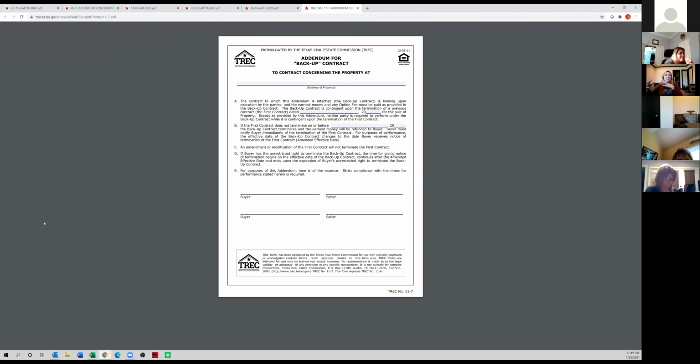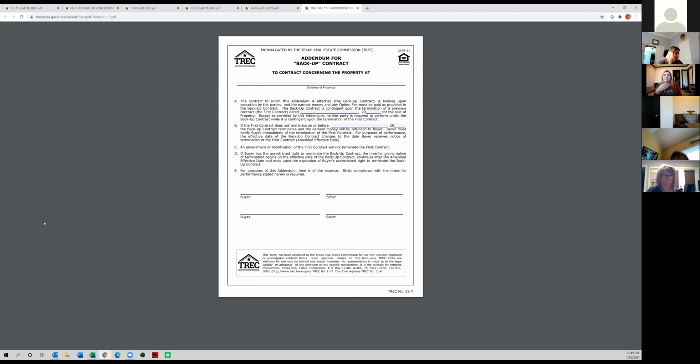So if you do a backup that is accepted, everybody agrees to it, and we're in official backup position, then you've got to deposit the earnest money and the option fee. A lot of times we may lower those amounts because that would be potentially burdensome on the buyer that may never go into first position to have lost that option fee. Yes, they can get the earnest money refunded, but the option fee does not get refunded even if they never move into first position.